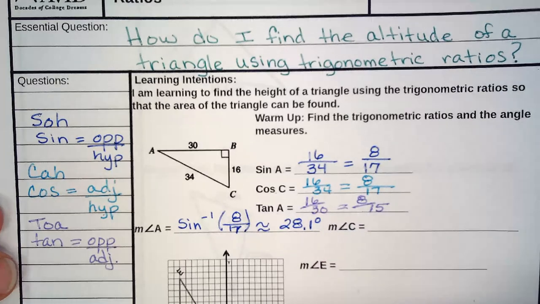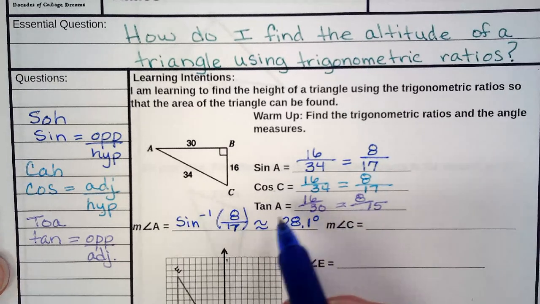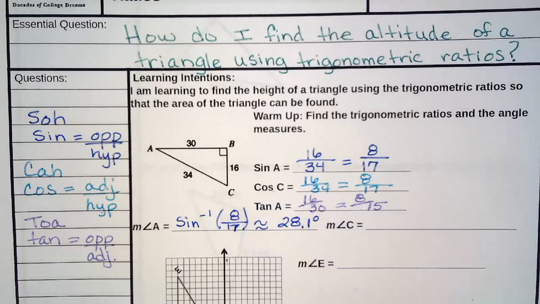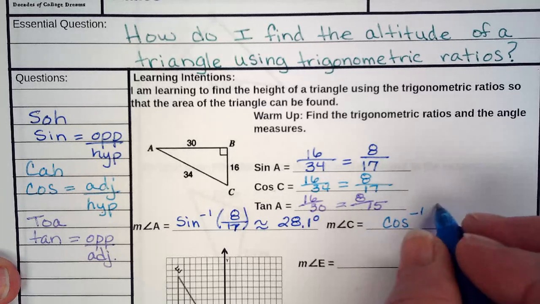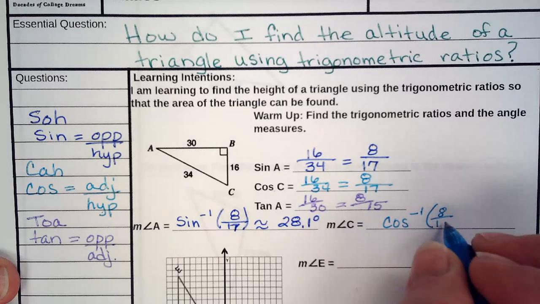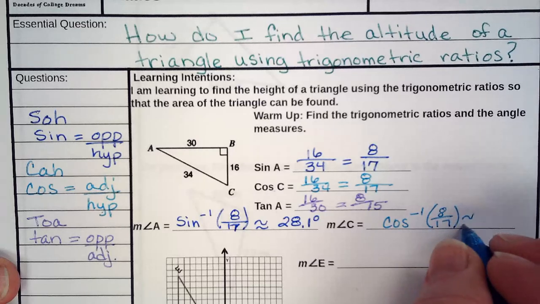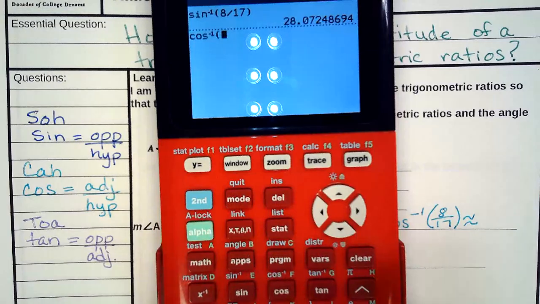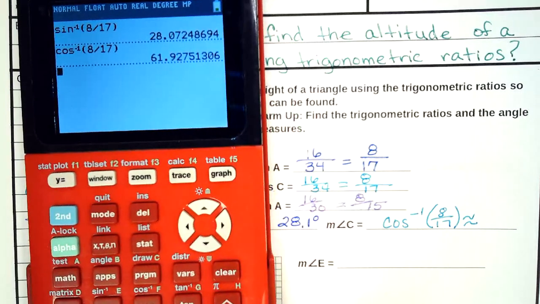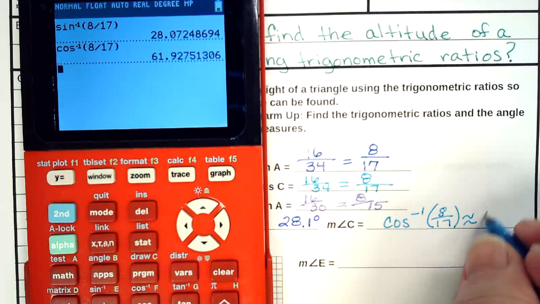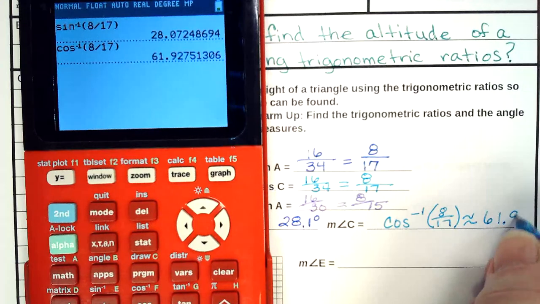Now, at this point I could say 90 minus, or I can use the cosine inverse for my other angle. Cosine inverse of 8 over 17, and I end up with 61.9 degrees.